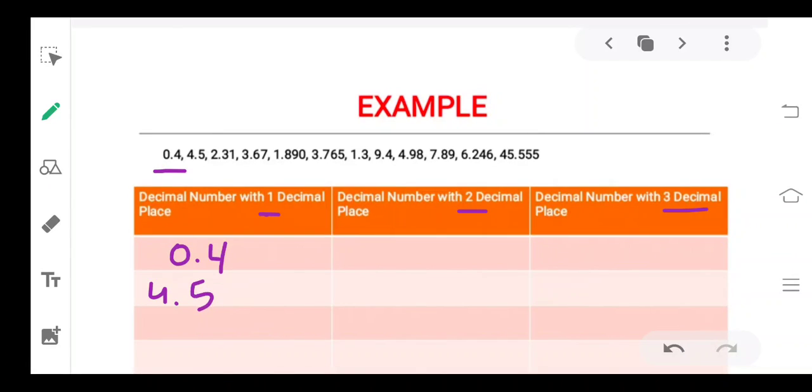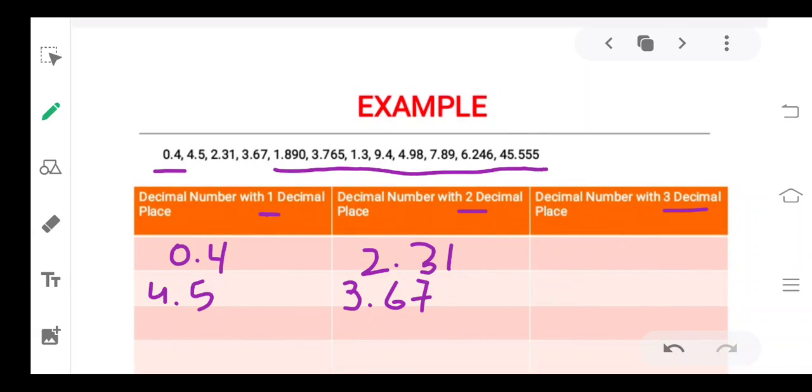Now 2.31, yes, it has 2 decimal places. 3.62 also has 2 decimal places. The remaining numbers, students, you have to practice and give me the answer in the chat box.